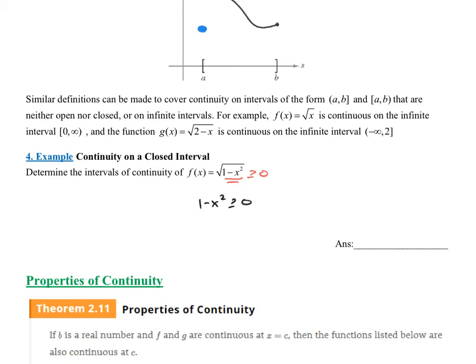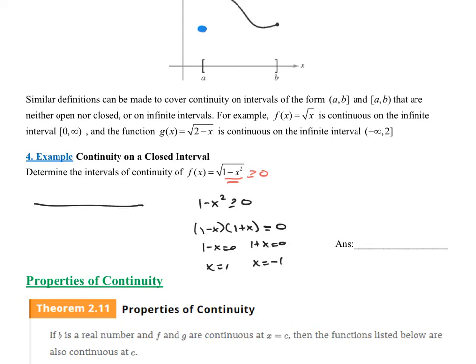If you did the lines and functions review before this class, you realize that this is a quadratic inequality, and the way we do quadratic inequalities is you always want to factor it and set each factor equal to 0. Well, this is actually a difference of squares. This is 1 minus x and 1 plus x. Set those factors equal to 0, so 1 minus x equals 0 or x equals 1. And 1 plus x equals 0 or x equals negative 1.